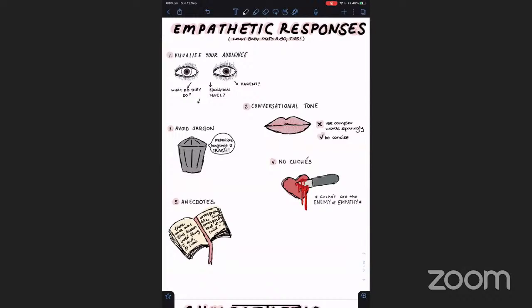Anyways, number 1 is you want to visualize your audience. In this empathetic approach, you are attempting to be empathetic by placing yourself in the reader's shoes to share their experience. As stated last week, this comes back to how well we know and understand our target audience, okay?